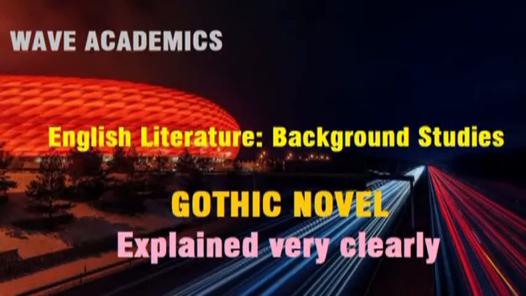Now, coming to 10 Gothic novels that have been read over the years and have been very popular. Number 1, The Monk by Matthew Lewis. Number 2, The Castle of Otranto by Horace Walpole. Number 3, Frankenstein by Mary Shelley.